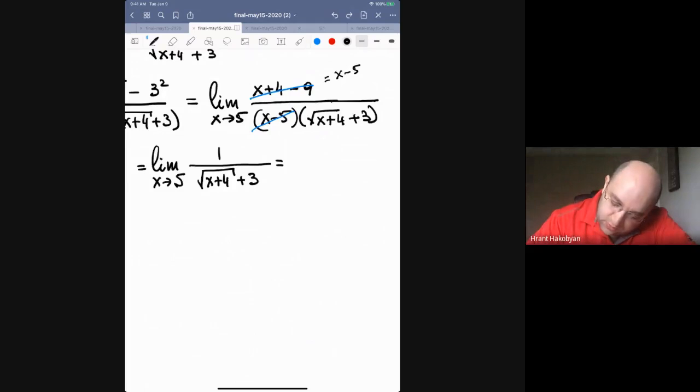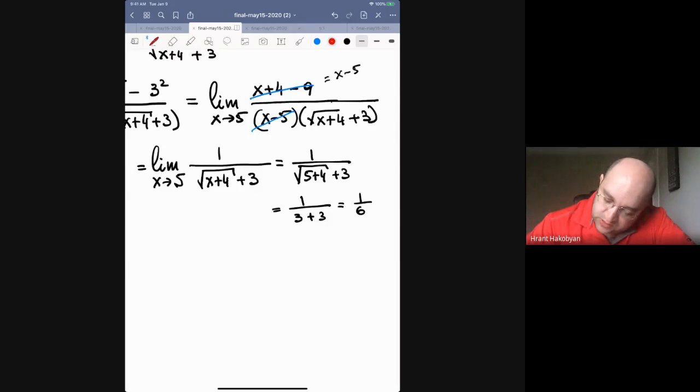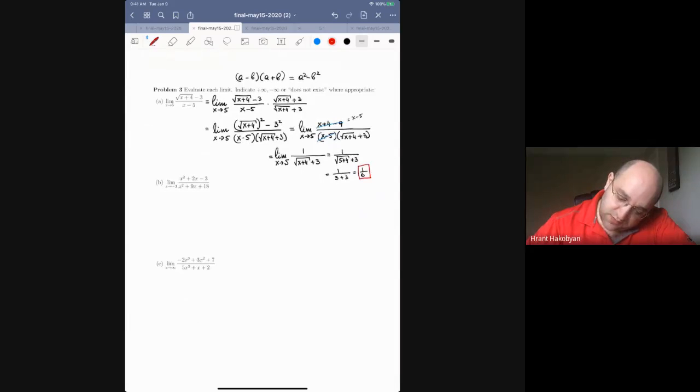So I'm going to get 1 divided by square root 5 plus 4 plus 3. Now 5 plus 4 is 9. Square root of 9 is 3. So I get that this is equal to 1 over square root of 9, 3 plus 3, which is 1 over 6. Okay, so that's my answer.